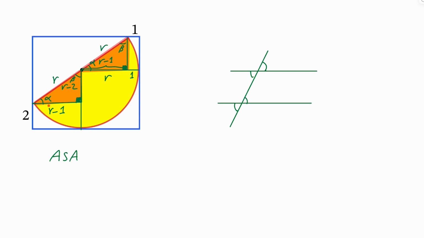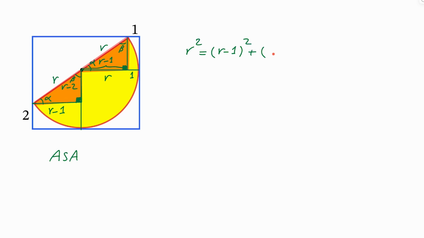We can use the Pythagorean theorem to find the value of r. So we can write r squared is equal to r minus 1 squared plus r minus 2 squared. We can simplify it. r squared is equal to r squared minus 2r plus 1 for this first parenthesis, and for the second one we can write r squared minus 4r plus 4.